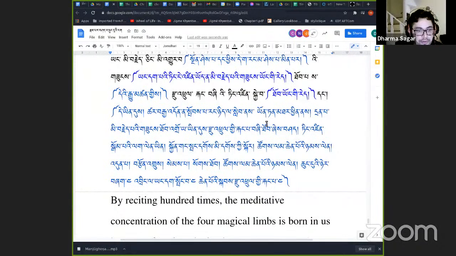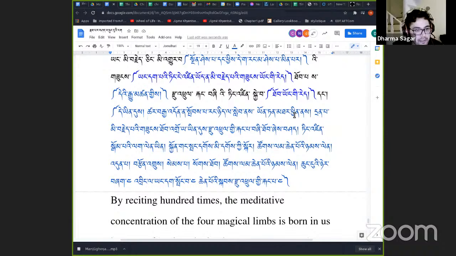Okay, so he was saying that by reciting 100 times for a given amount of time, then we'll have this courage of this assurance, this courage of knowing things that is going to be born in us, and then the qualities are going to be perfected.